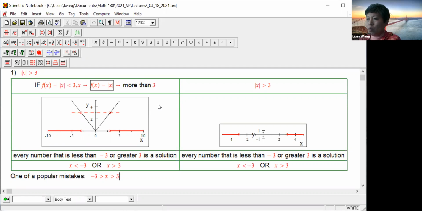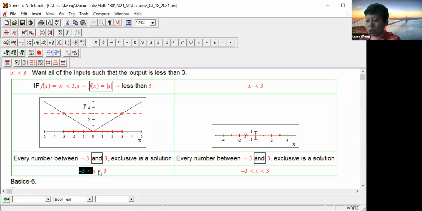For example, when we were talking about the solution here, what is the key word we use? We use and, right? By convention, when you put numbers in this kind of relationship, it only means and. It will never mean otherwise.